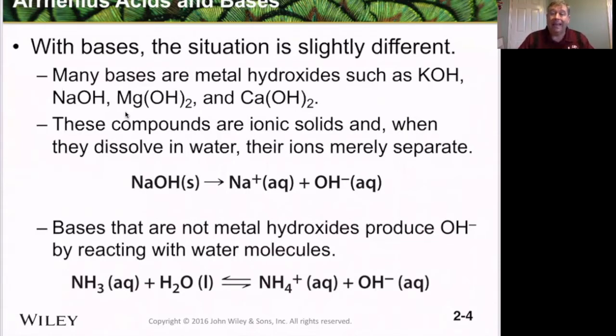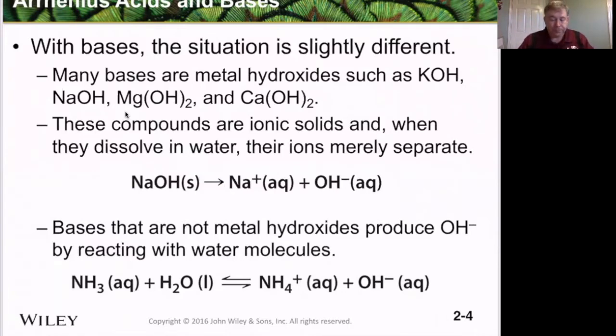We can actually have reactions to form bases in the absence of a metal ion. In the case of ammonia, ammonia can accept a proton from water. It acts to accept that proton, still generating that hydroxide ion in water. So technically that makes it an Arrhenius base.